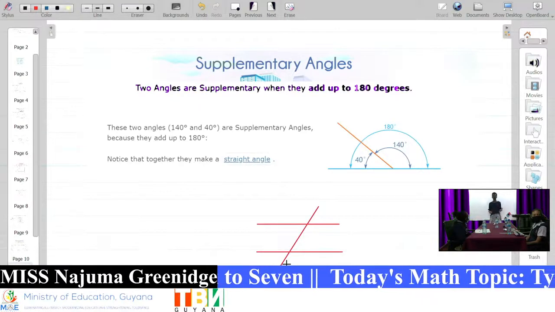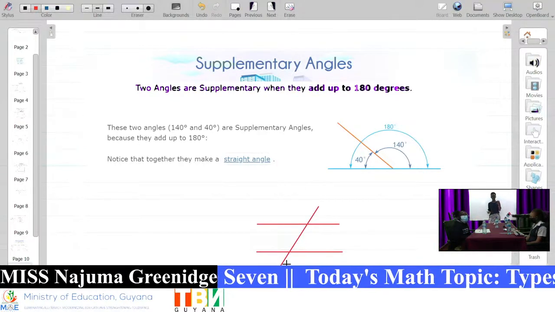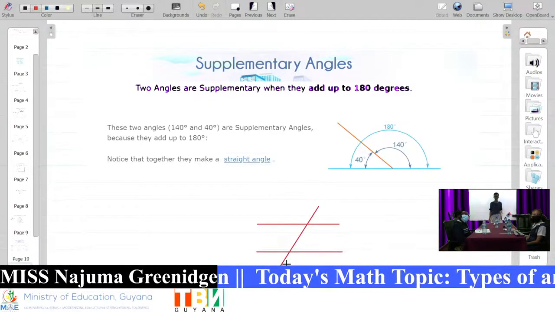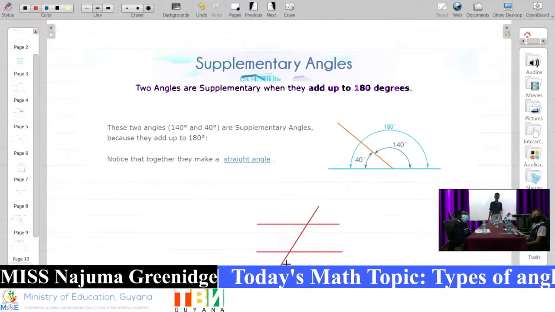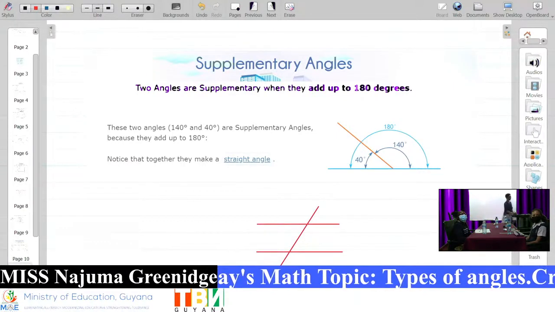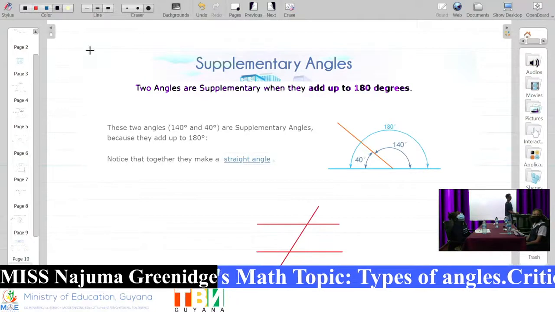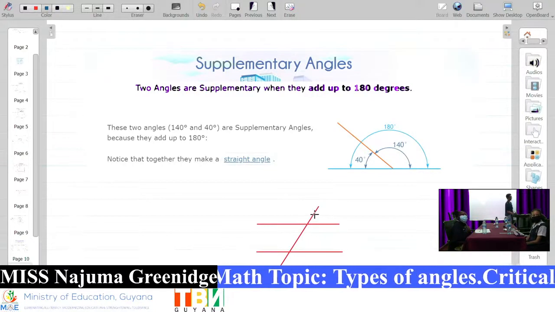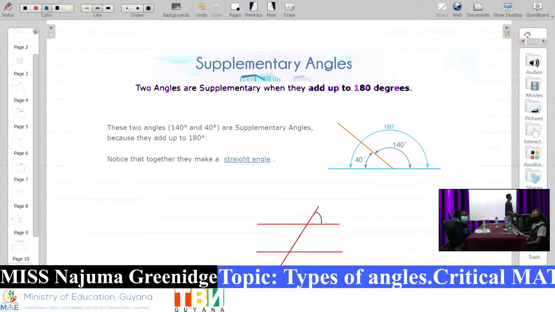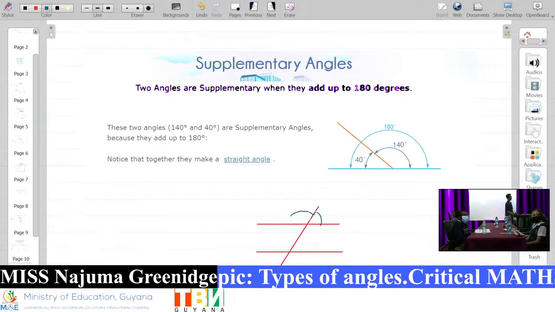Notice some of them are acute, and some of them are obtuse. Can you see that? Yes, you can see it. So here we have an acute angle, and over here you have an obtuse angle.